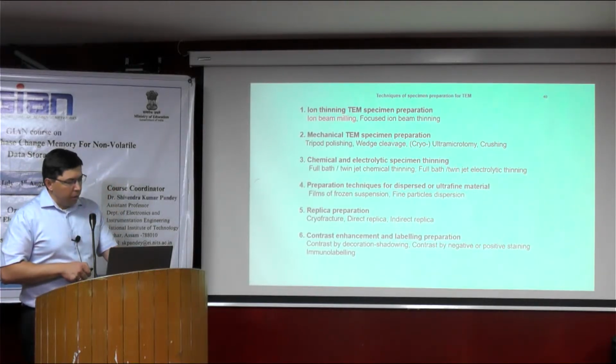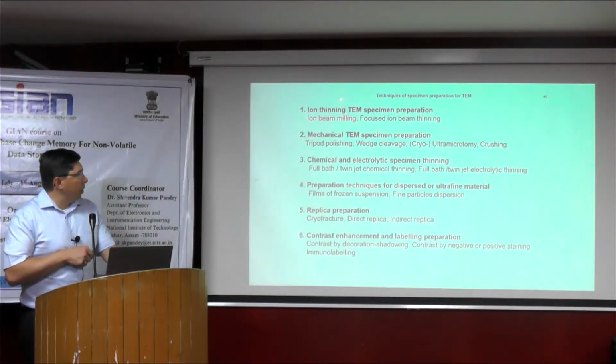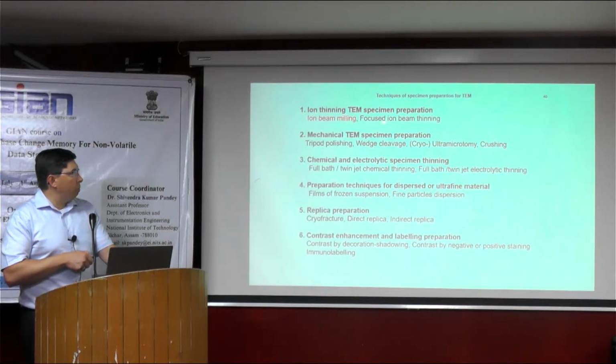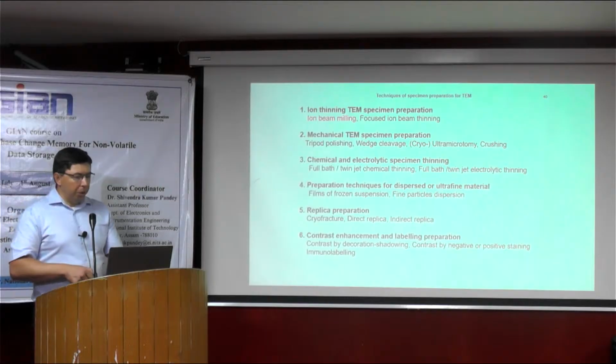Today I will consider only ion beam milling and focused ion beam thinning, because these are common methods now in science, research, and also in industry. They are based on ion beam milling. The more common and more famous standard now is focused ion beam thinning, or FIB.